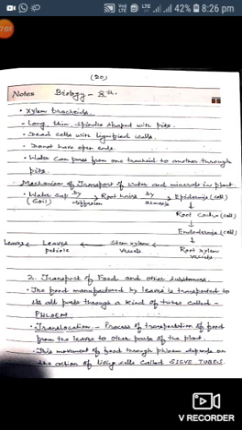The food manufactured by the leaves is transported to all parts through a kind of tubes called phloem. The process of transfer of food from leaves to other parts of the plant is known as translocation.